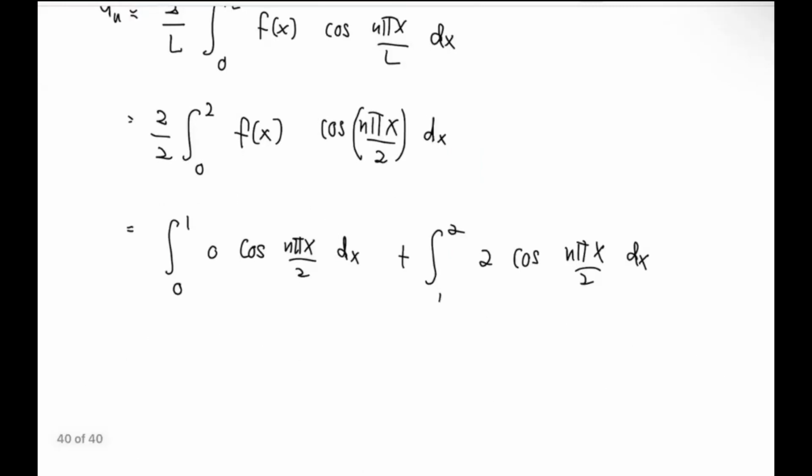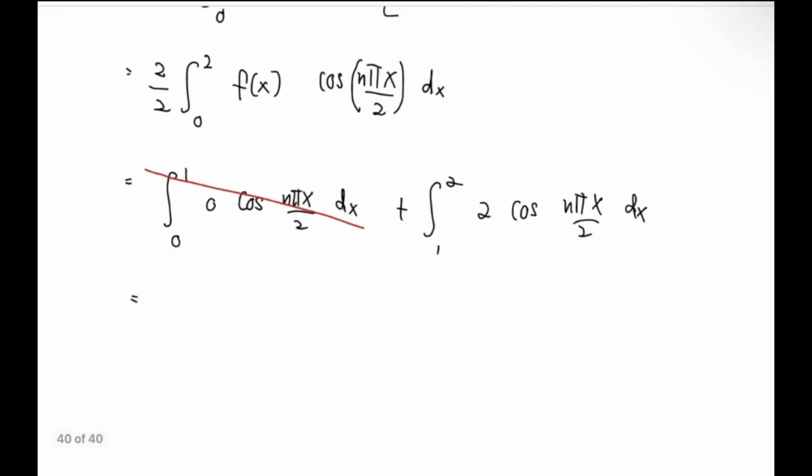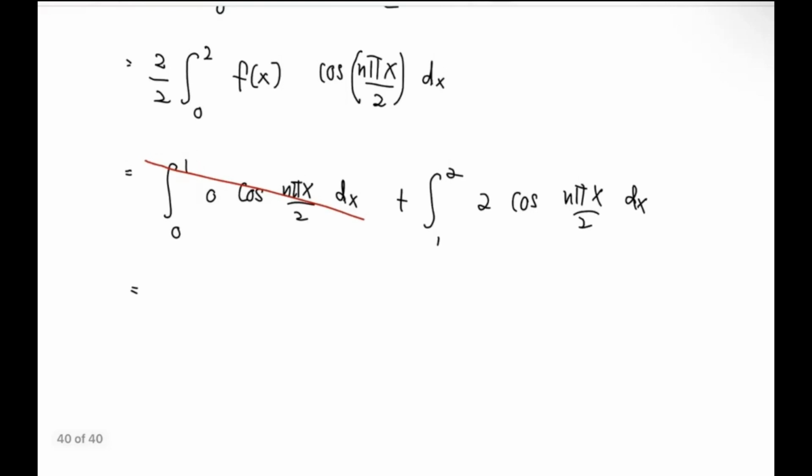So 0 multiply cos n pi x, this one should be 0, so I just cross this one. Hence, I need to integrate 2 cos n pi x. So 2 I can put outside, so just integration from 1 to 2 of cos n pi x over 2 dx.